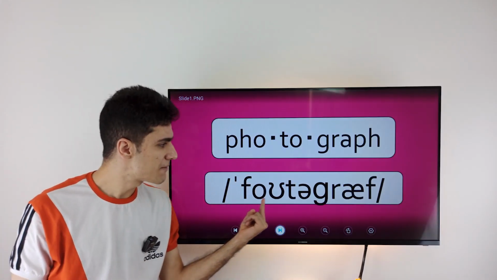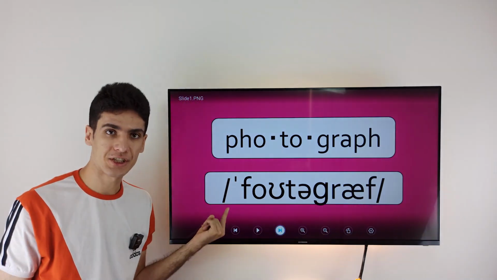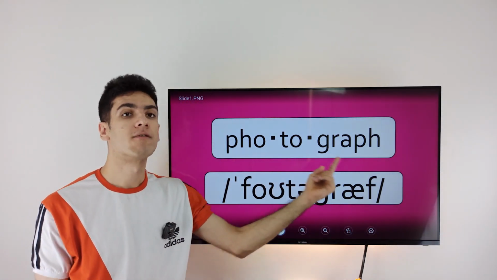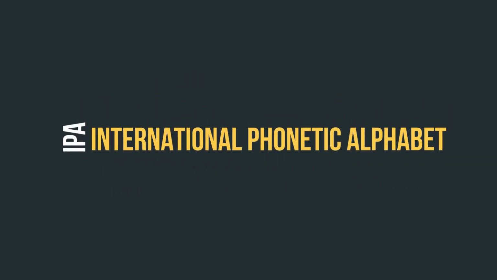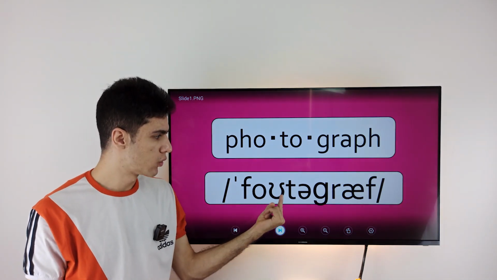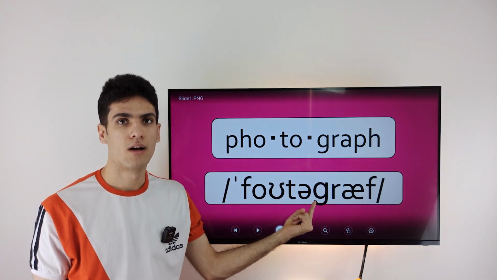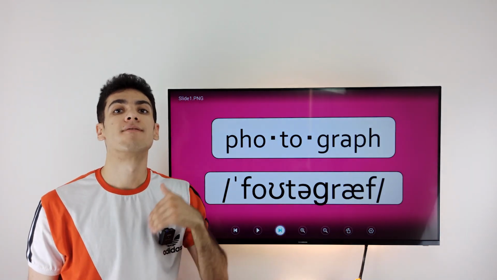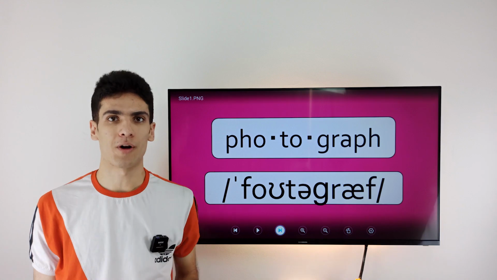By the way, the symbols enclosed in slashes represent the exact pronunciation of the word photograph using the International Phonetic Alphabet, or IPA. Photograph.